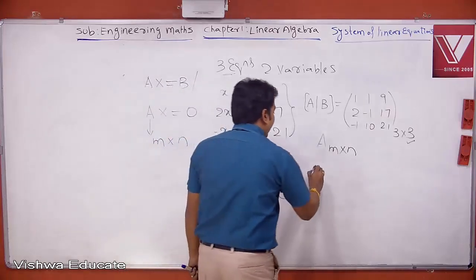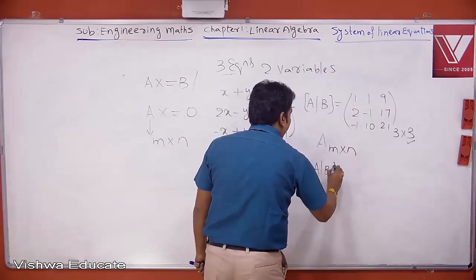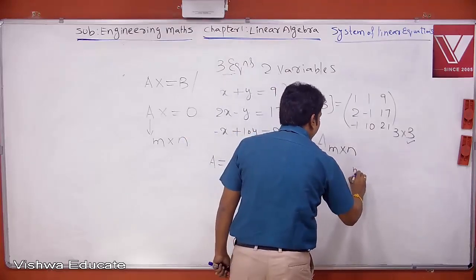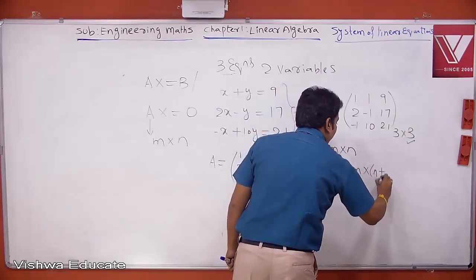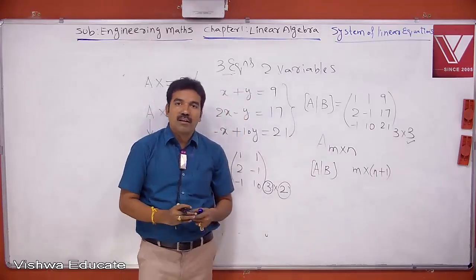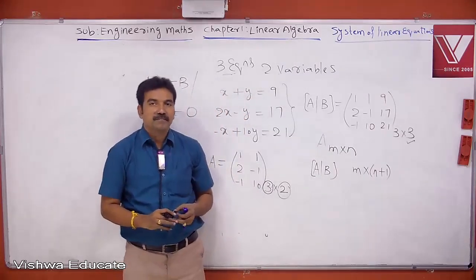And the size of the augmented matrix A slash B will be m cross n plus 1.